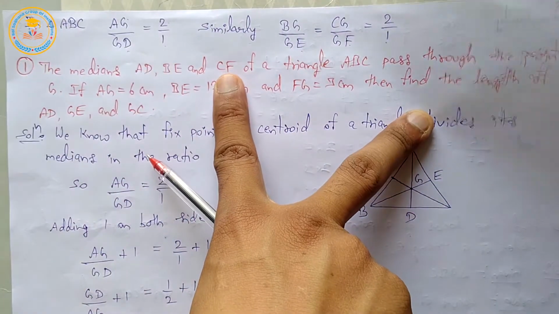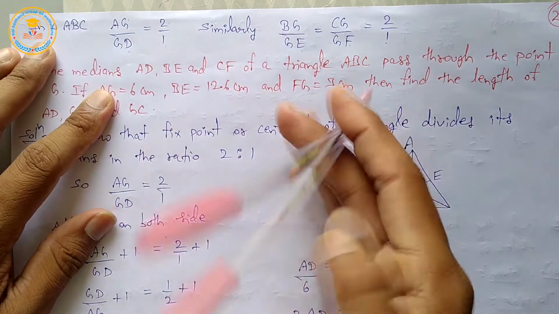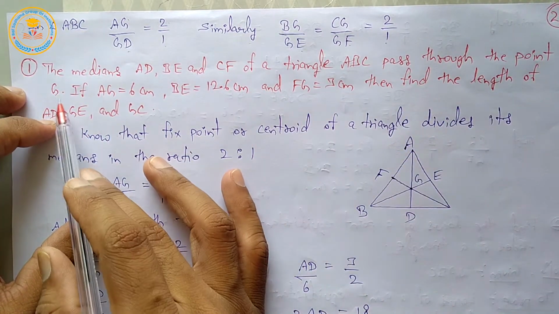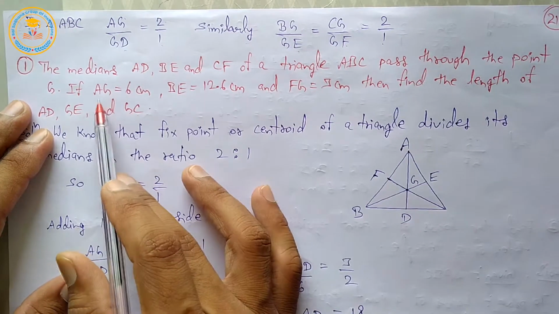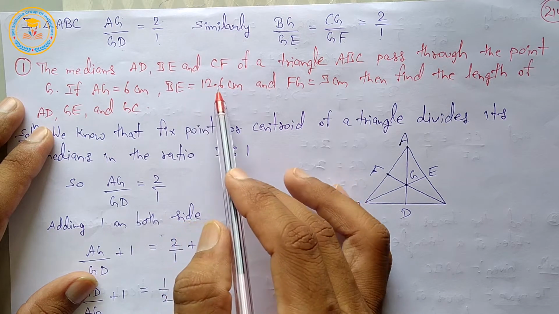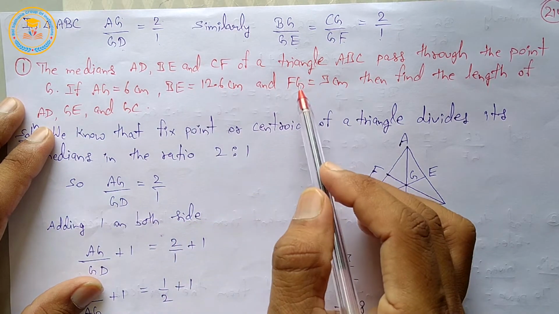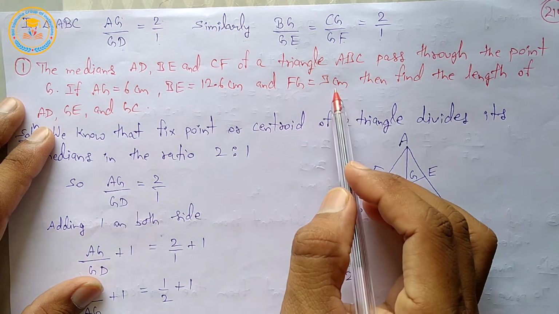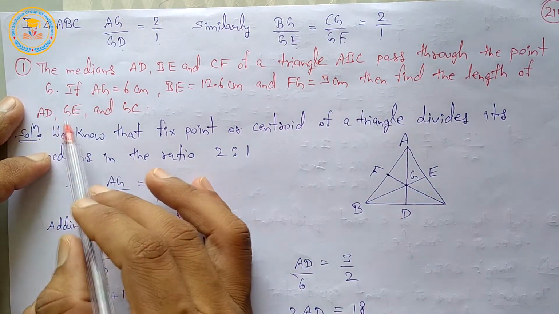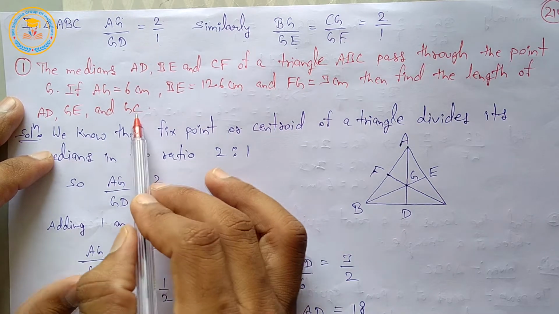In the previous video, we discussed that the median divides the line segment in ratio 2:1. According to that identity, the median divides in ratio 2:1. So we solve and find out AD, GE, and GC.